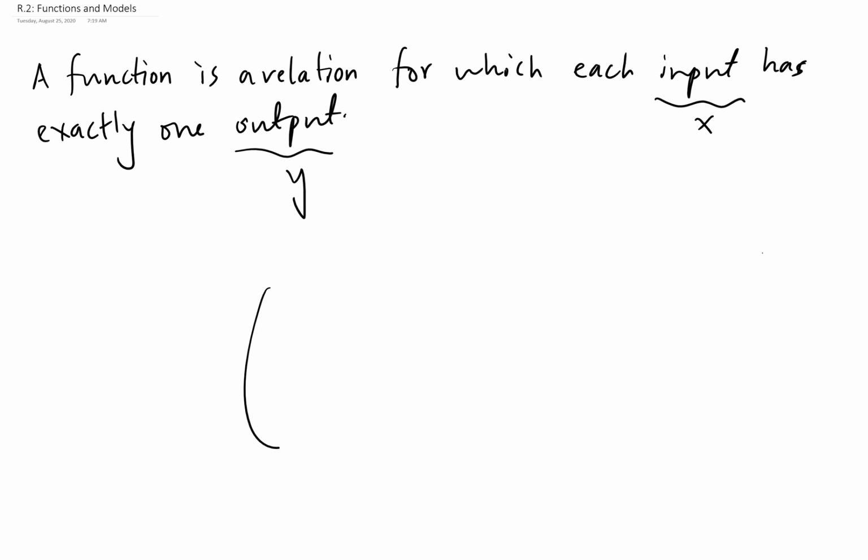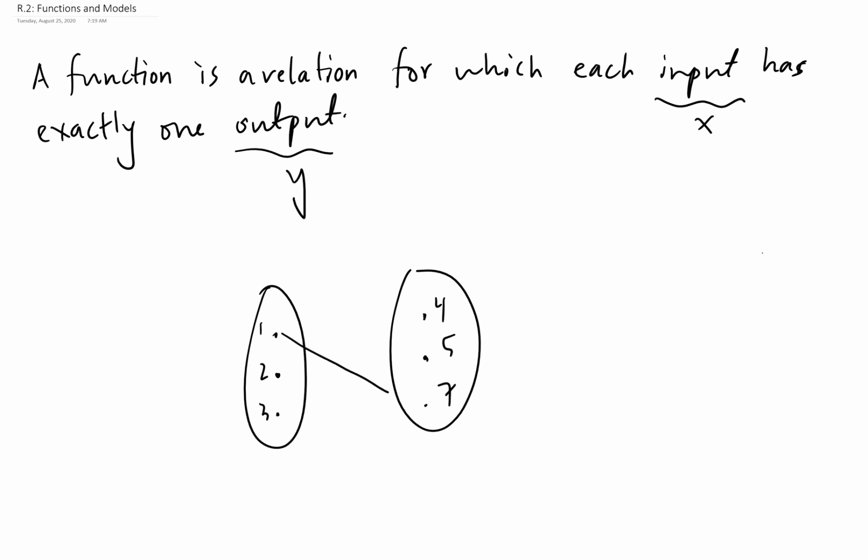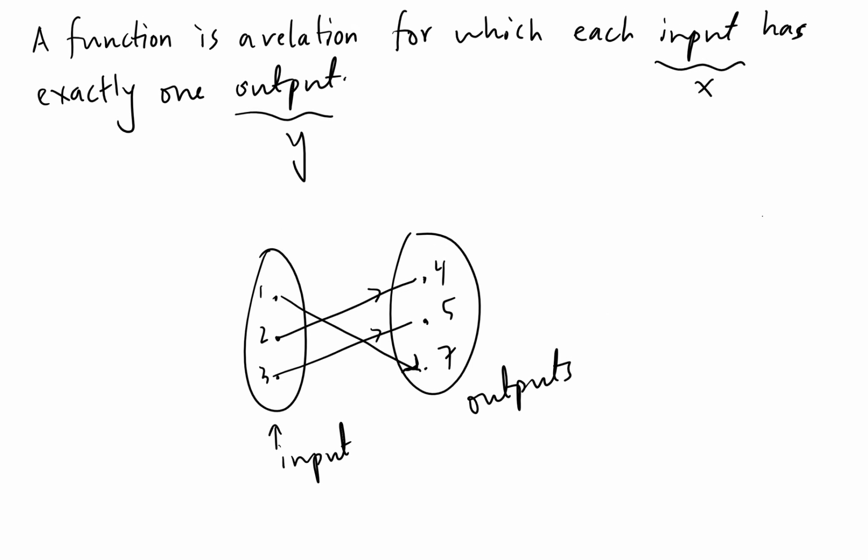So if I want to draw a mapping, let's call them 1, 2, 3, 4, 5, 7. Say 1 gets mapped to 7, 2 gets mapped to 4, and 3 goes with 5.